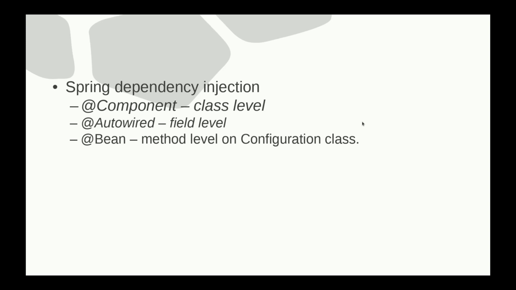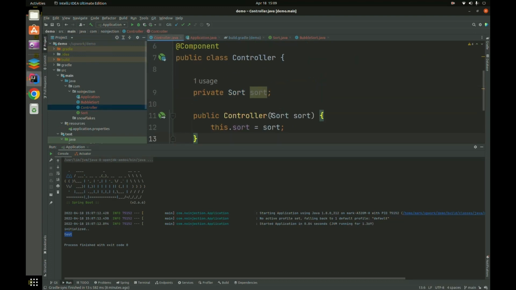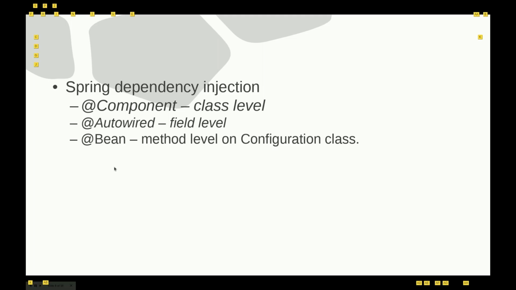Meaning you won't use @Autowired, but you will create a constructor and define your dependency in the constructor arguments. Like I showed you, if you could go back in the code here, we are not using @Autowired, but we use constructor injection to define your list of dependencies.